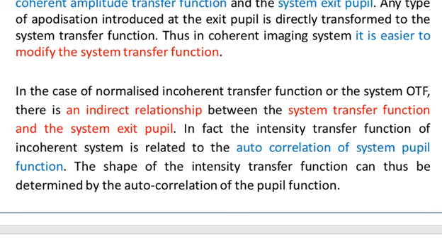In fact, the intensity transfer function of the incoherent system is related to the autocorrelation of the system pupil function. So you see that it is related not with the pupil function directly, but with the autocorrelation of the pupil function. The shape of the intensity transfer function can thus be determined by the autocorrelation of the pupil function.